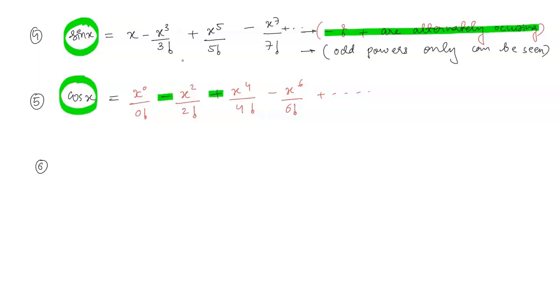In the sin x expansion the powers were odd, here the powers are even, with the factorial in the denominator. So the same rule: 0 factorial, 2 factorial, 4 factorial, 6 factorial. Alright, so this is about the cos x expansion.